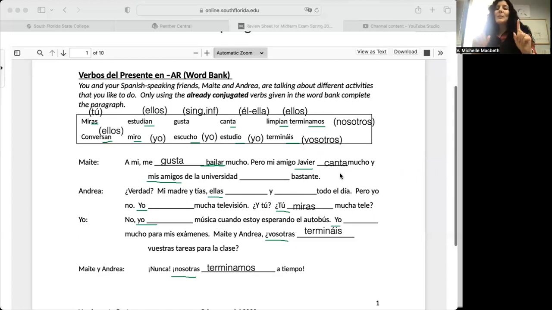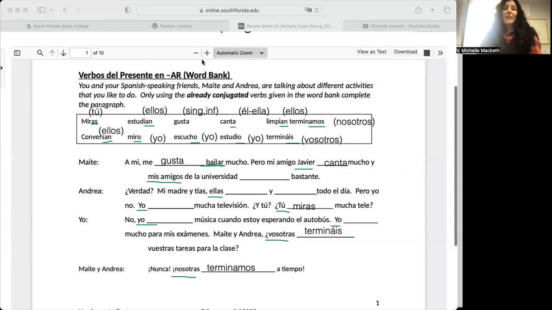Now we have to use our best process of elimination based on the context to think, where is something going to go? So we have 1, 2, 3 that are ellos or ellas, right? It could be either. And how many ellos or ellas do we have? We have mis amigos, that's one.